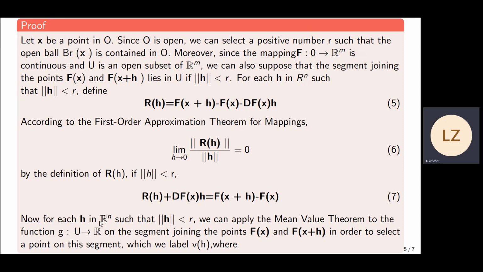Now for each h in Rn such that the absolute value of h is less than R, we can apply the mean value theorem to the function g from U to R on the segment joining the points f(x) and f(x+h) in order to select a point on this segment. We label it v(h).